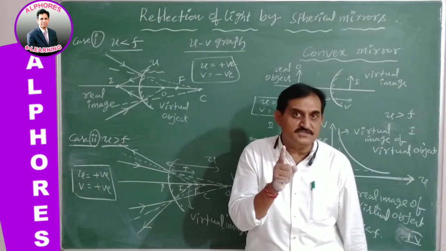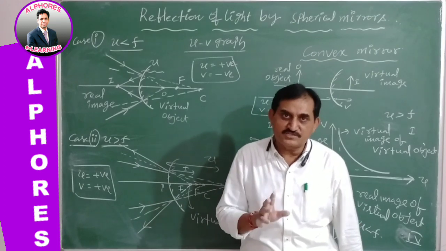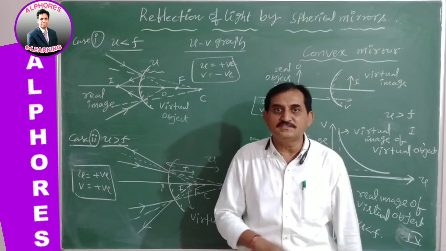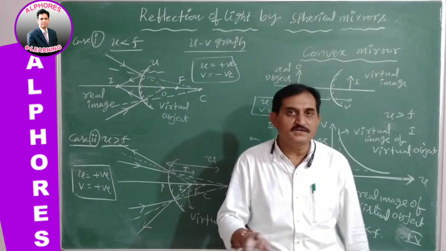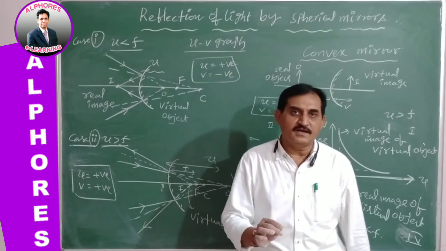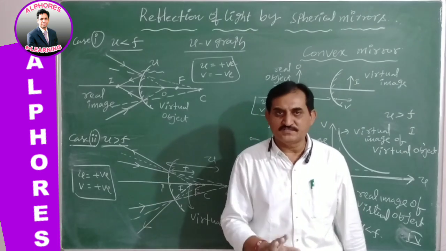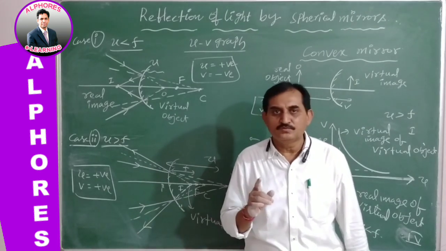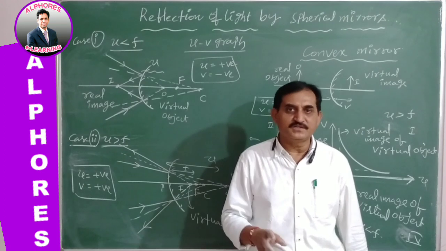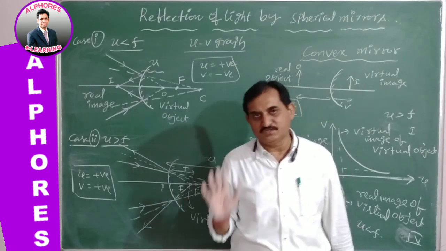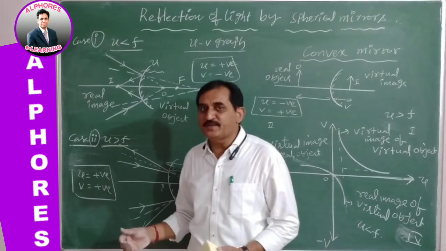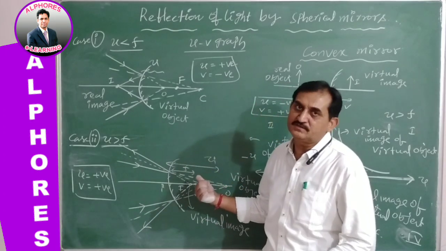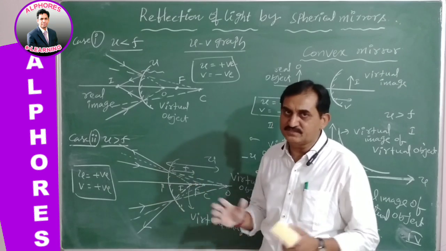But object distances, real and virtual objects, never change. It is independent of mirrors and lenses. Directly we can take it into account that u is negative for a real object, u is positive for a virtual object. This is a very important point. In the case of spherical mirrors, it is already given in the video, so you see and follow that.